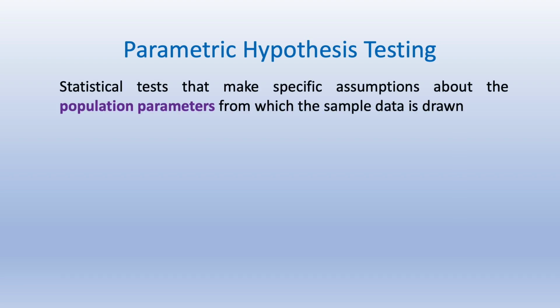Parametric hypothesis tests are statistical tests that make specific assumptions about the population parameters from which the sample data is drawn. The word parametric comes from the term parameter, such as population mean, population variance, and population standard deviation.